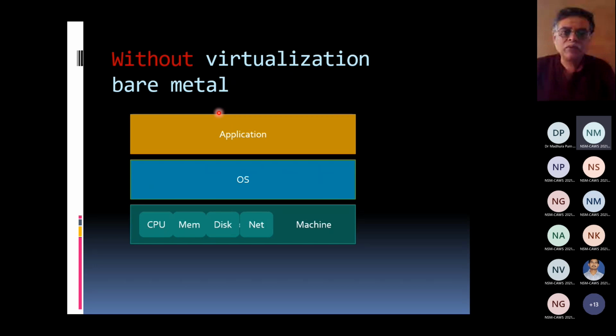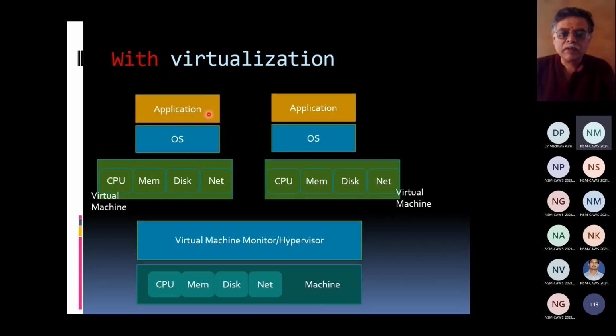Now, let's look at how it would look in a virtualized environment. In a virtualized environment, just focus on the bottom part of it. On top of the hardware directly, we don't run the OS, but what runs is what is called the virtual machine monitor, or more commonly known as the hypervisor. This is the one which controls all of the hardware, the machine.